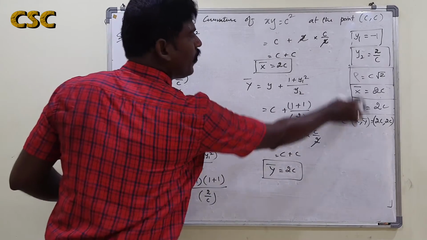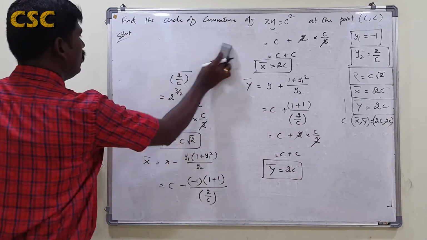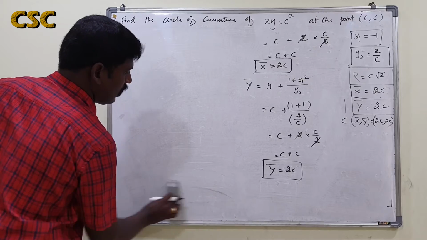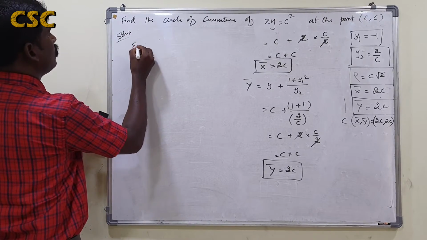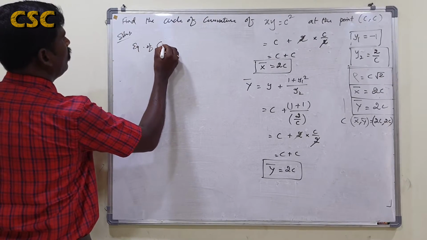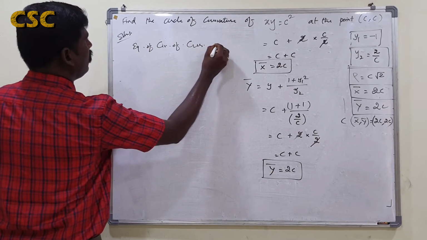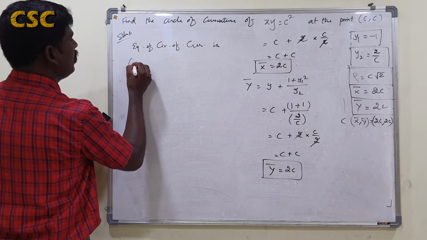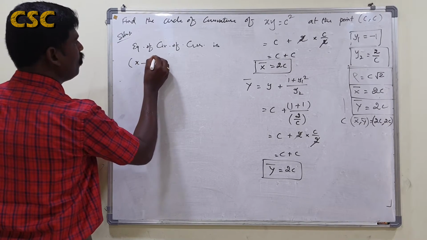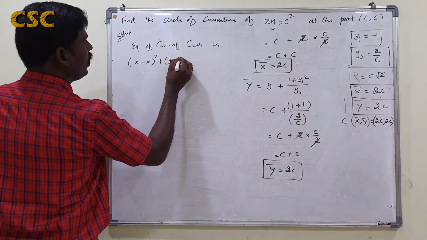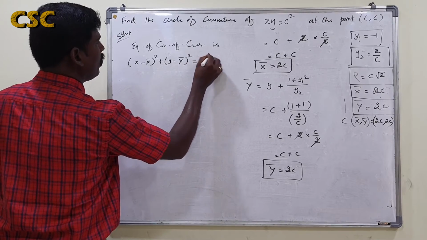Okay. So after finding these three, we go for finding the equation of circle of curvature. So what is the equation of circle of curvature? x minus x bar the whole square plus y minus y bar the whole square equal to rho square.